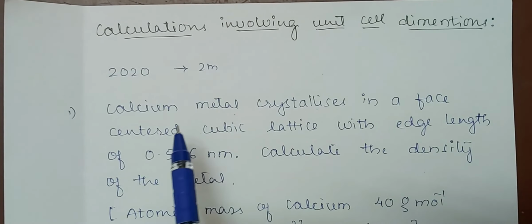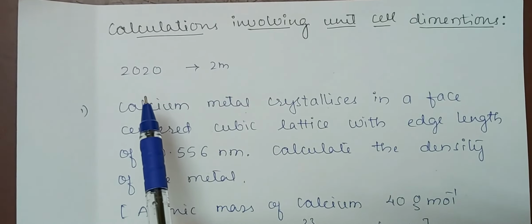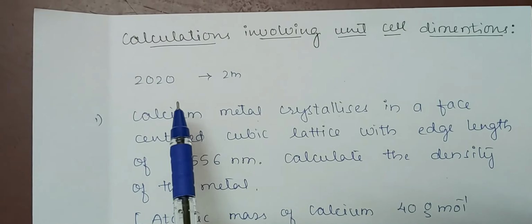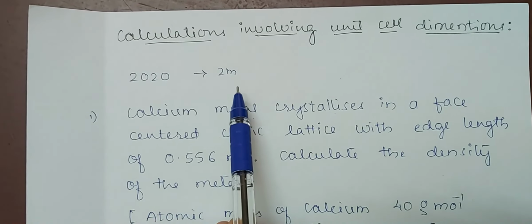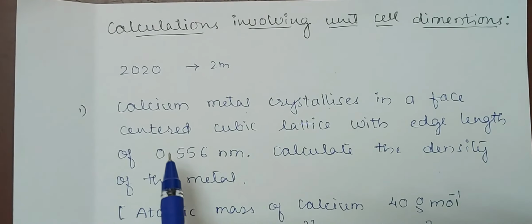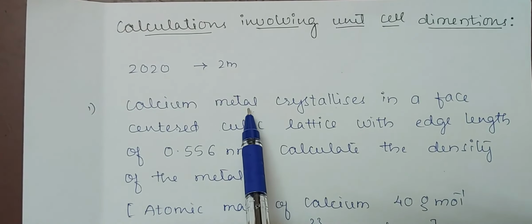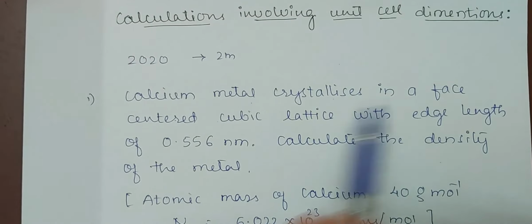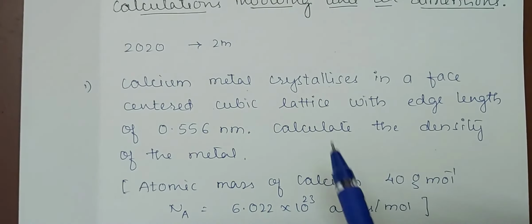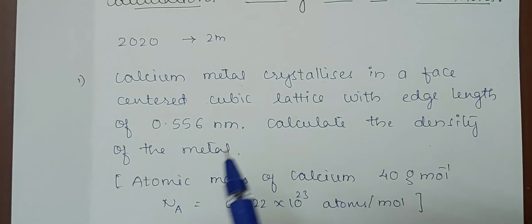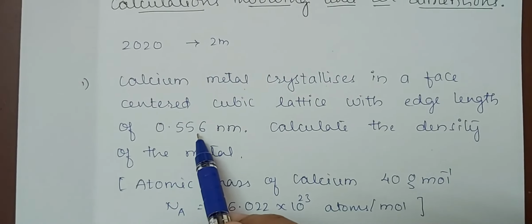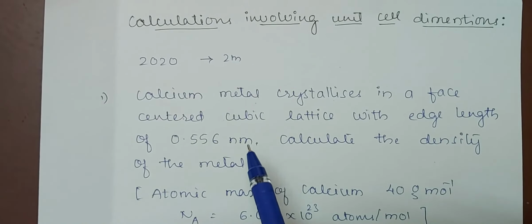Let us see one more question which was asked in recently concluded examination 2020. This also carries 2 marks. Try to solve this. Calcium metal crystallizes in a face-centered cubic lattice with edge length of 0.556 nanometer.